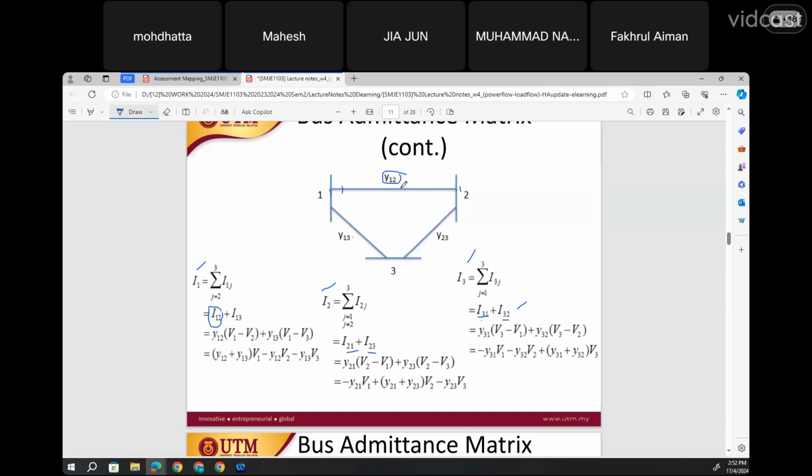I think we also did this in our Kirchhoff's current law last time, I mean the node analysis, if I'm not mistaken, where we have it like this. Let's say this is node number 1. Let's say we have a resistor over here.